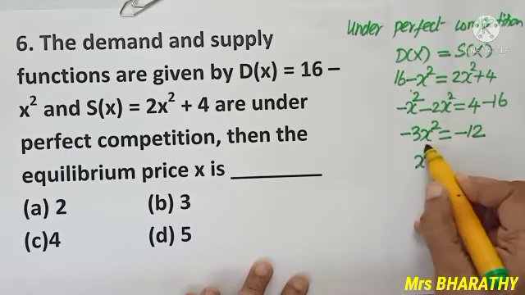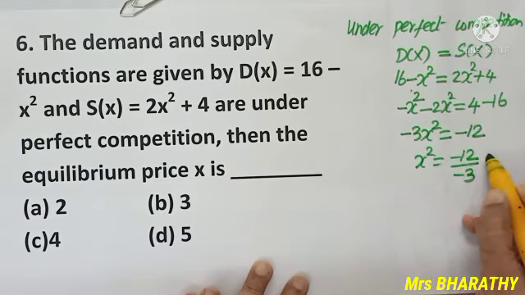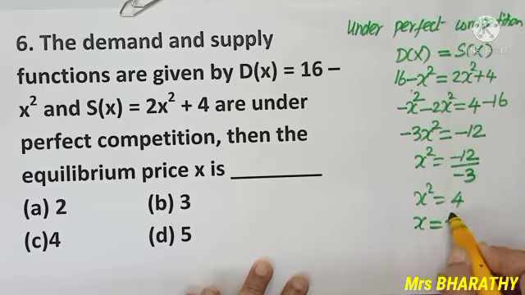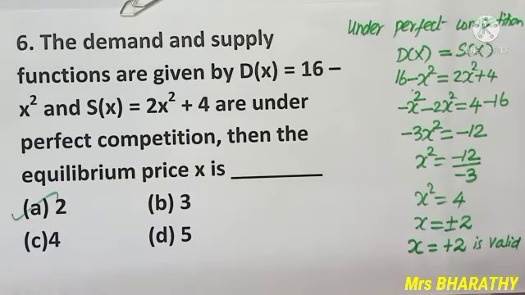I need x square. Minus 12 divided by minus 3. X square is 4. X is equal to plus or minus 2. But x represents output. So, x is equal to plus 2 is valid. Option A will be the right choice.